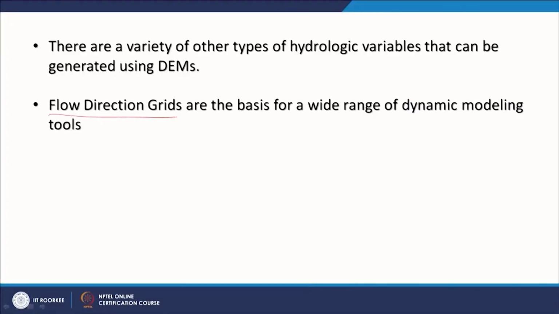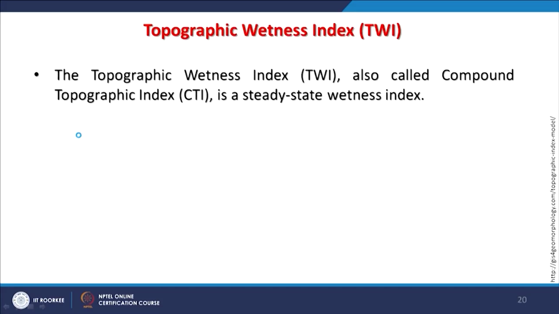As we are moving and advancing, we are taking out many other pieces of information from these two major sources. Flow direction grids are the basis for a wide range of dynamic modeling tools, where we keep changing things as per the prevailing, current conditions.